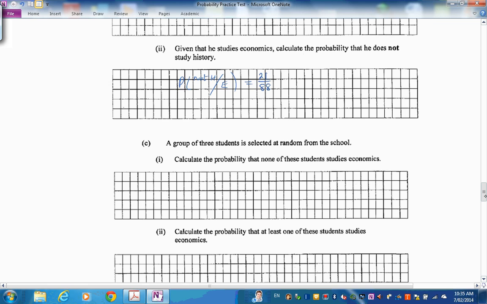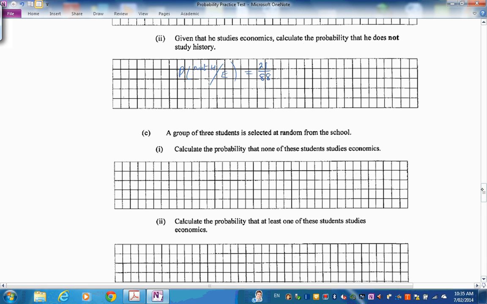A group of 3 students is selected at random. Calculate the probability none of these students studies economics. Okay, so where are the students who don't study economics? If we choose them at random, the first one, the probability not economics and not economics and not economics.